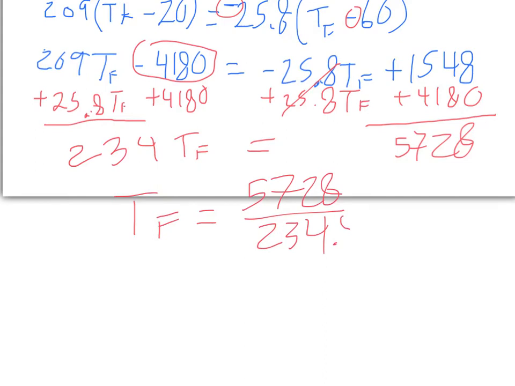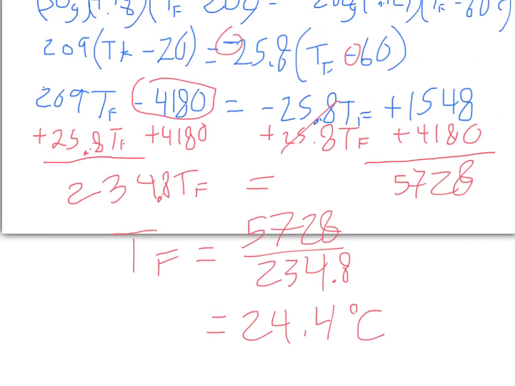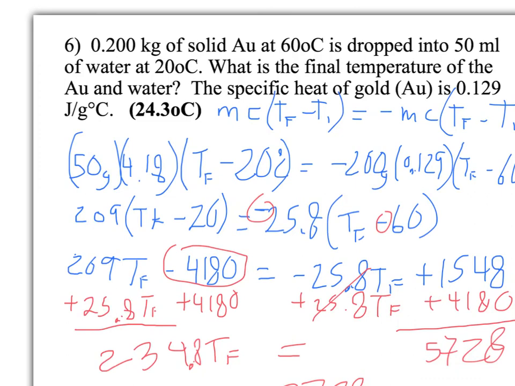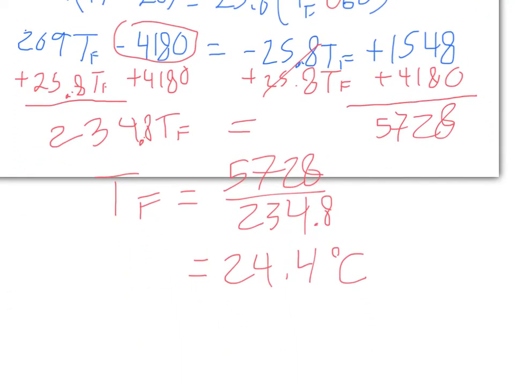That's 24.8. I forgot to put that 0.8 in there. Go back and do that. And that is just equal to 24.395. We'll call it 24.4 degrees Celsius. Let's go back up and check and see if that agrees. 24.3. I had 24.39. So 24.4, well within our rounding and significant figures.